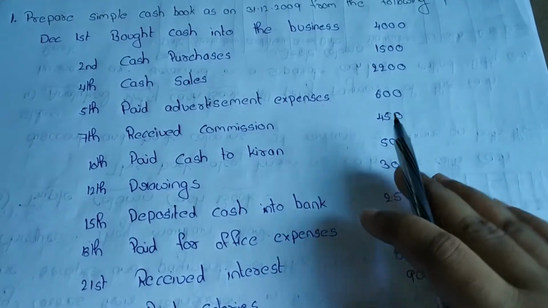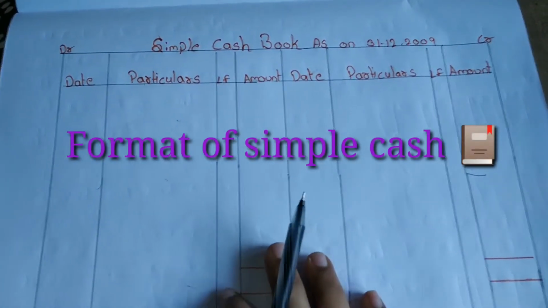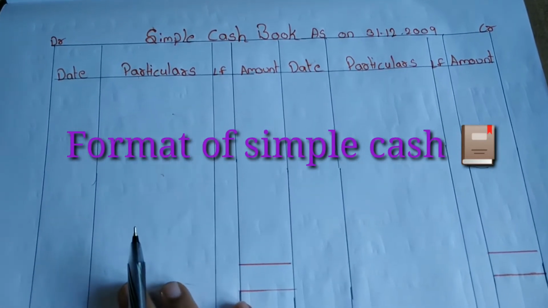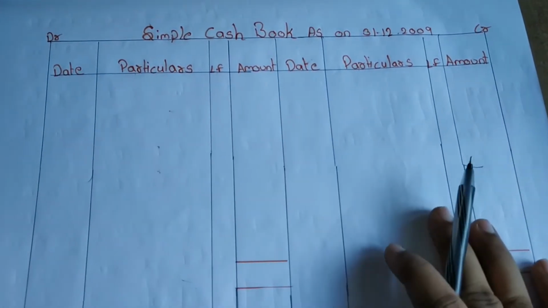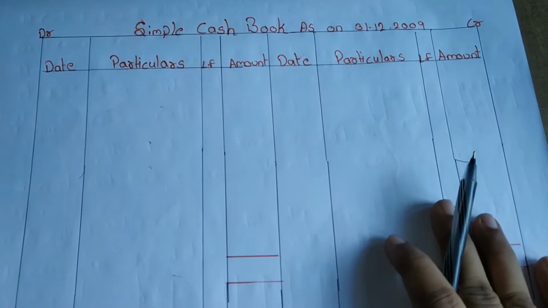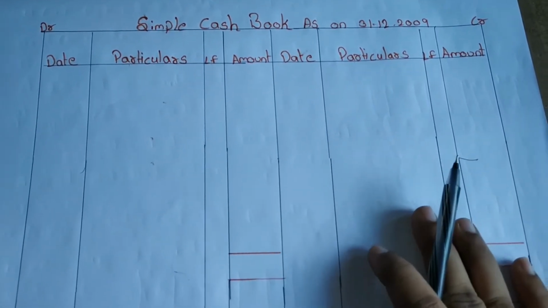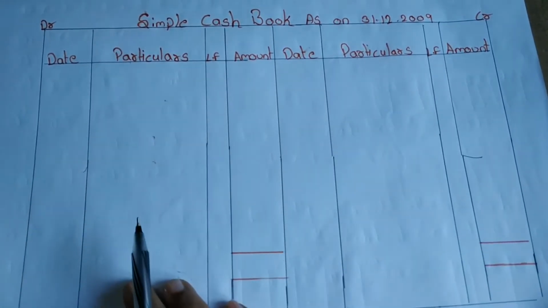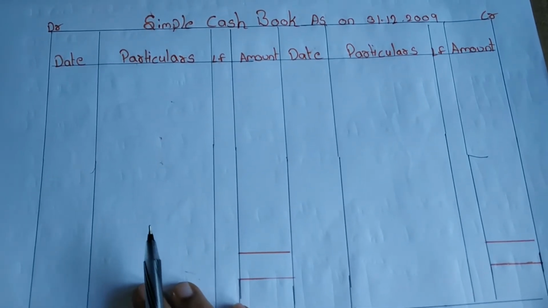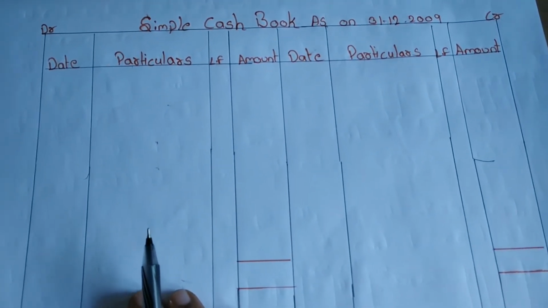Let's see. This is the format of a simple cash book. On the debit side you record cash receipts, and on the credit side you record cash payments. You already know the meaning of cash receipts and cash payments, right? A cash receipt means cash comes into our business, so it should be debited.